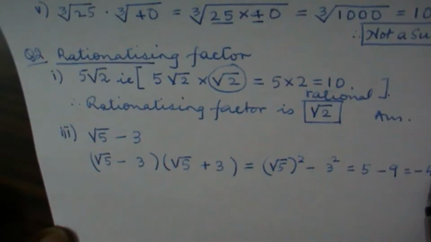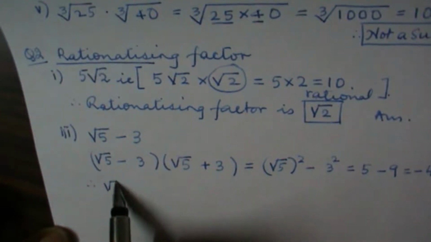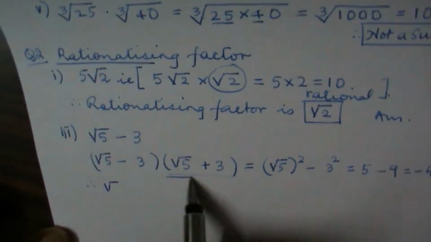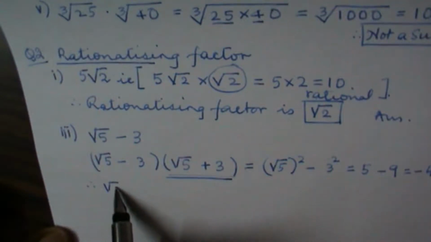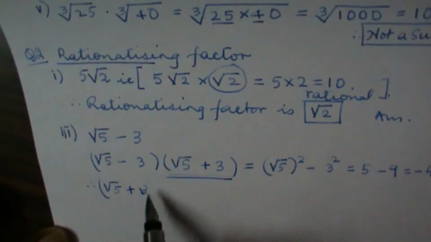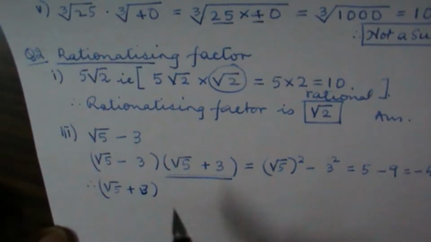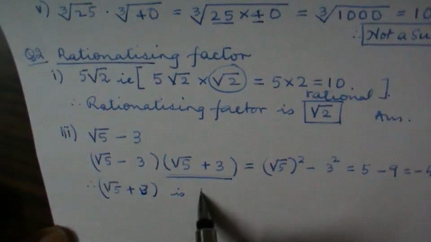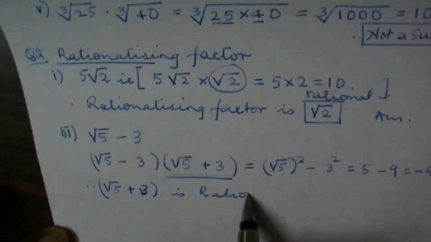Now minus 4 is a rational number, and therefore what did we multiply it with? We multiplied by this, and so root 5 plus 3 is the rationalizing factor.